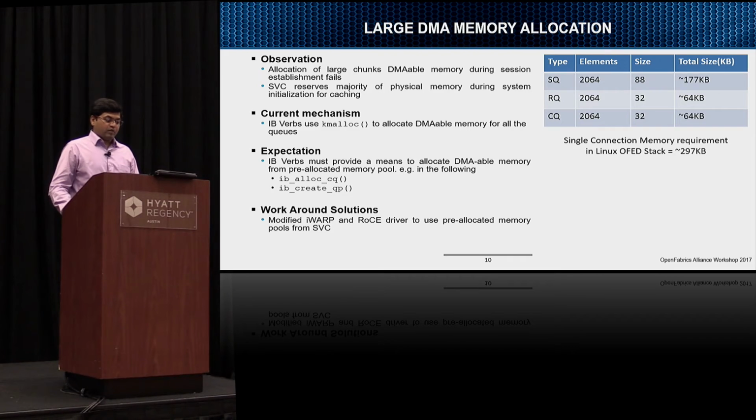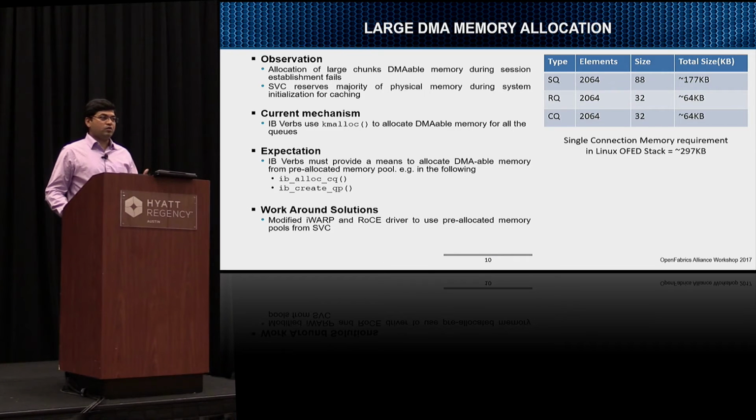In the current mechanism, we observed that when the QPair is created, the verbs use kmalloc-based allocation, which is failing because the kernel memory is very limited. Our expectation is that the verbs API should provide a means to allocate DMA-able memory from a pre-allocated memory pool, for example in the ib_alloc_cq API and ib_create_qp API.